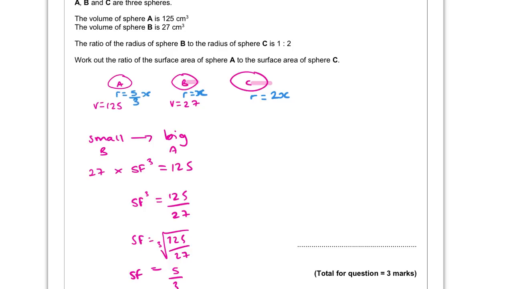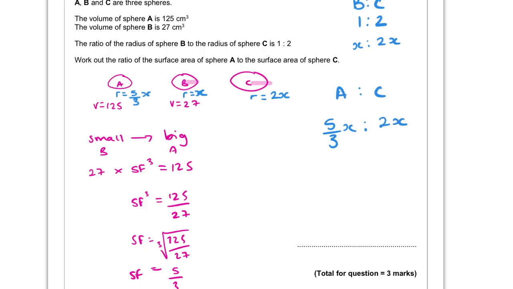Okay? So now I want us to work out the ratio of the surface area of sphere A to the surface area of sphere C. Well, first let's work out the ratio of the length. I have the ratio of A to C. What is A? 5 over 3x.